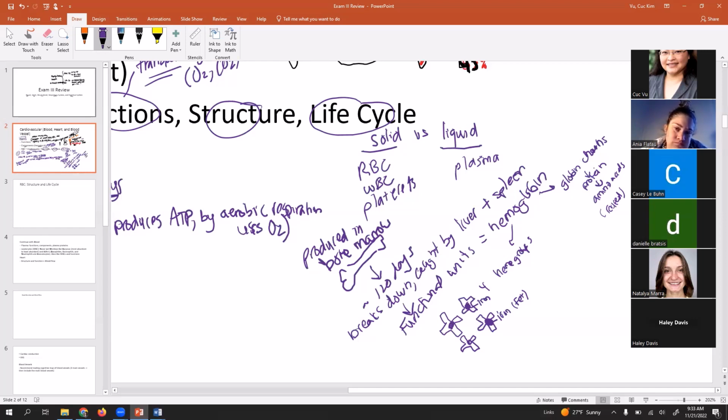Yes, 4, exactly. Because 1 hemoglobin has 4 heme groups. Each heme group has an iron, and iron binds to a molecule of oxygen. So that means that each hemoglobin can bind to 4 molecules of oxygen. Overall, the function of the heme group is to bind to oxygen.